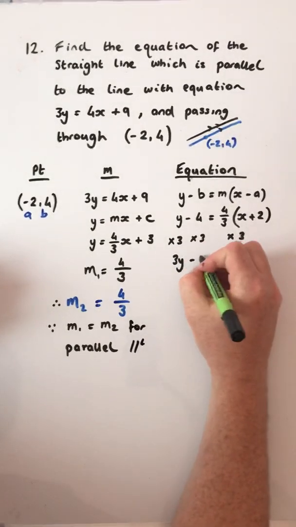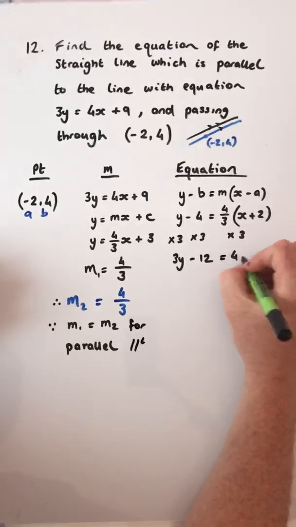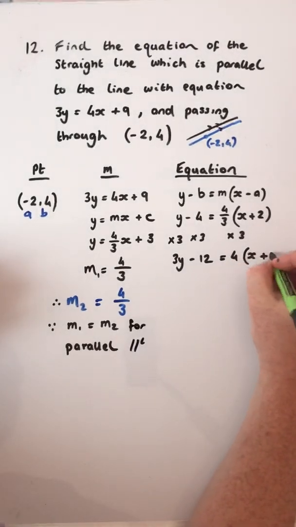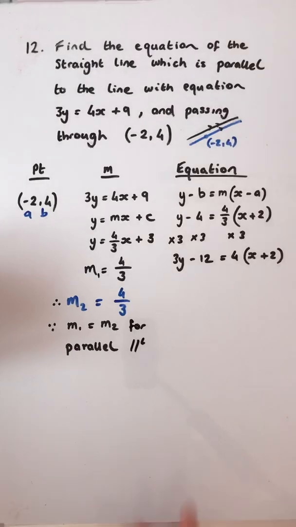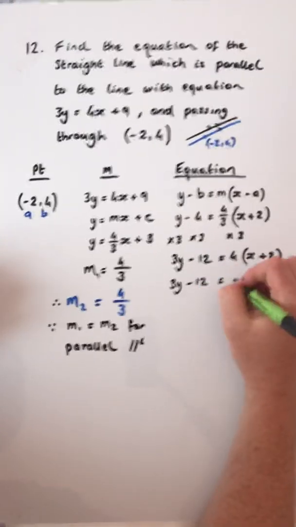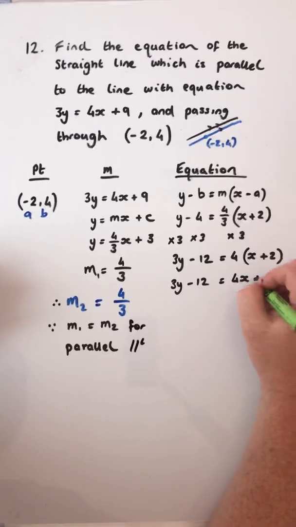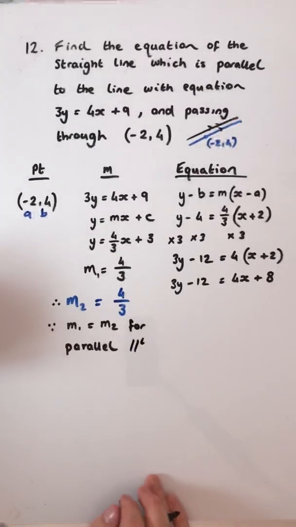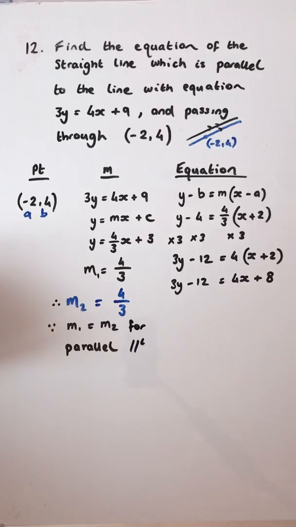So 3y minus 12 is 4 multiplying x plus 2. Further simplifying it, 4 multiplying x, 4 multiplying 2.